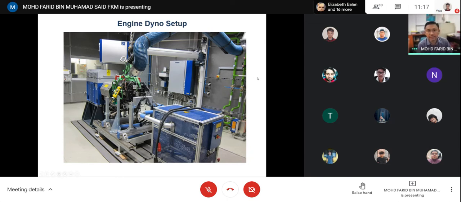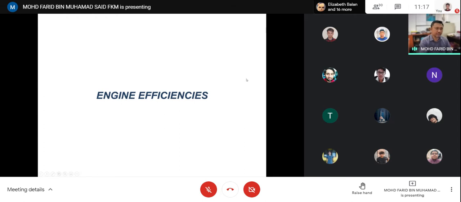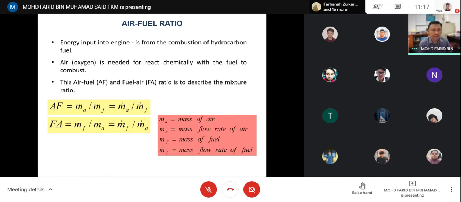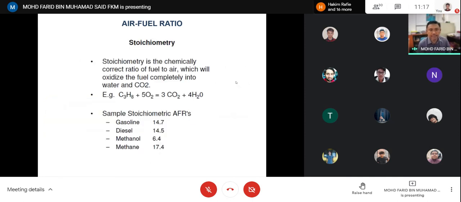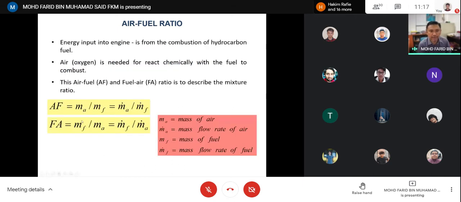Apart from power, BMEP, and torque, we also have engine efficiencies. Before the engine efficiency, we have fuel ratios. So what do you understand about fuel ratio? How do we calculate the fuel ratio?